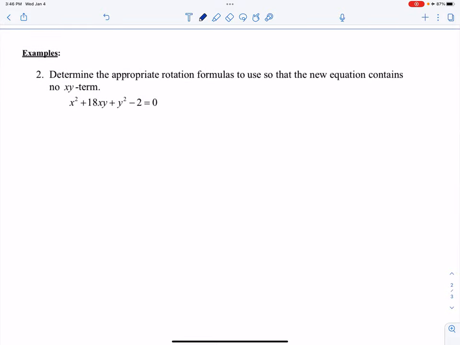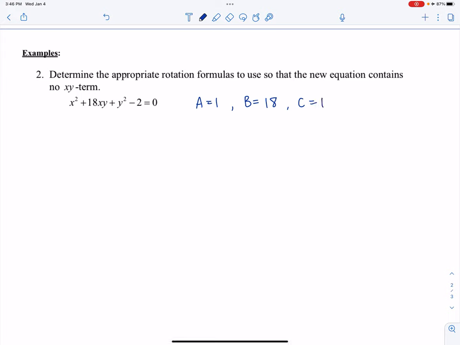Here, let's determine the appropriate rotation formulas to use so that the new equation contains no xy term. So we want to get rid of the x times y. This tells us our a is 1, our b is 18, and our c is also 1.